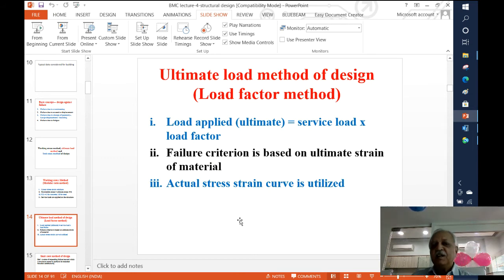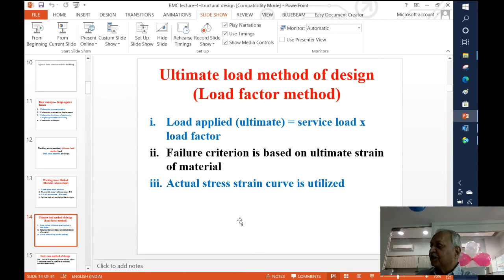And regarding the failure criteria: earlier, for the working stress method, we had permissible stress, which was related to some factor of safety. Now for the ultimate load theory, we say that the ultimate strain of the material is taken as the failure criterion.